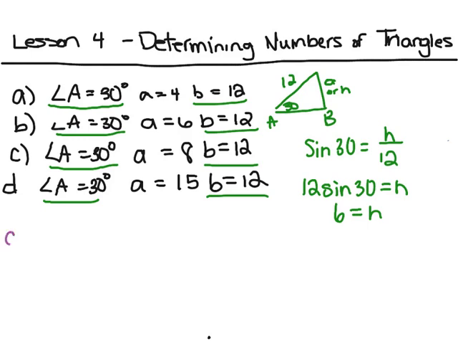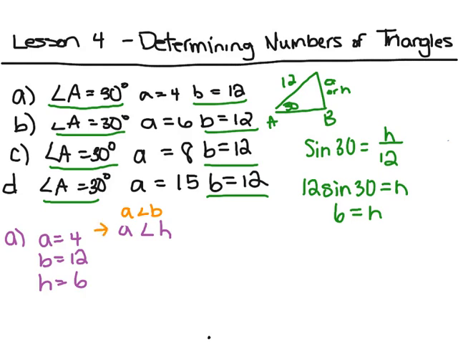For A, we know that our A is 4, our B is 12, and our H is 6. We know that A is less than H. We also know that A is less than B. So because A is less than B, there's three different options.